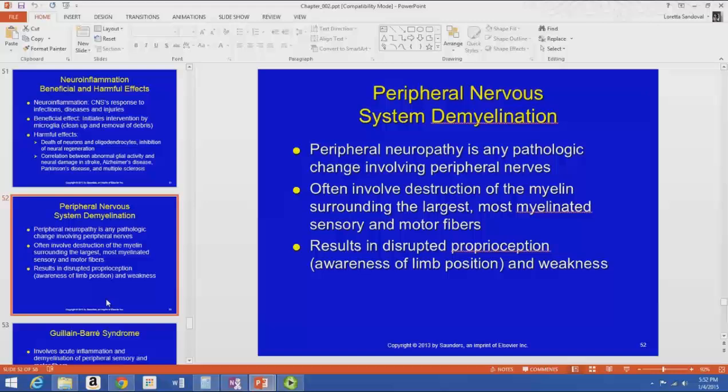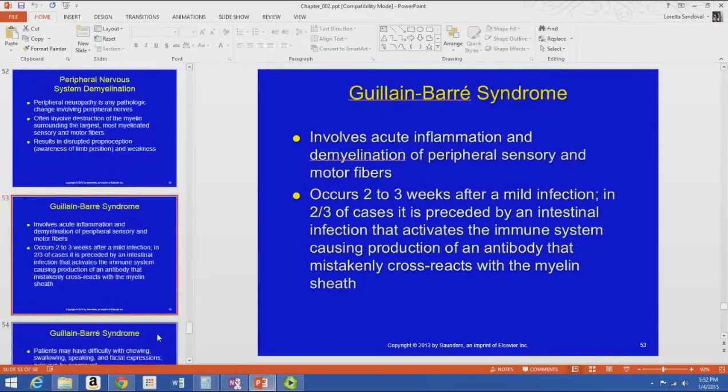They also have weakness in the muscles, and so they can't control that eccentric dorsiflexion as they take a step, and you get that foot slap from that. So it can be a demyelination injury, and we will talk in the chapter specifically about the peripheral nervous system. We will talk about other different types of nerve damage, but that's certainly one of them.